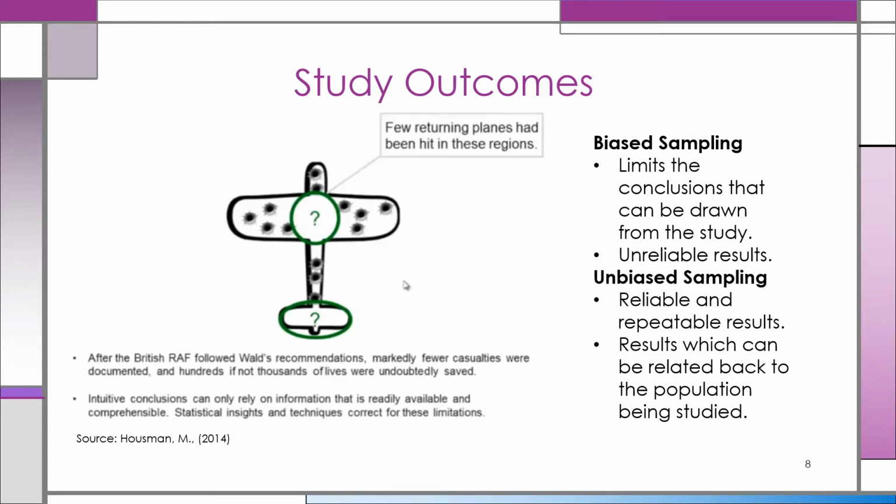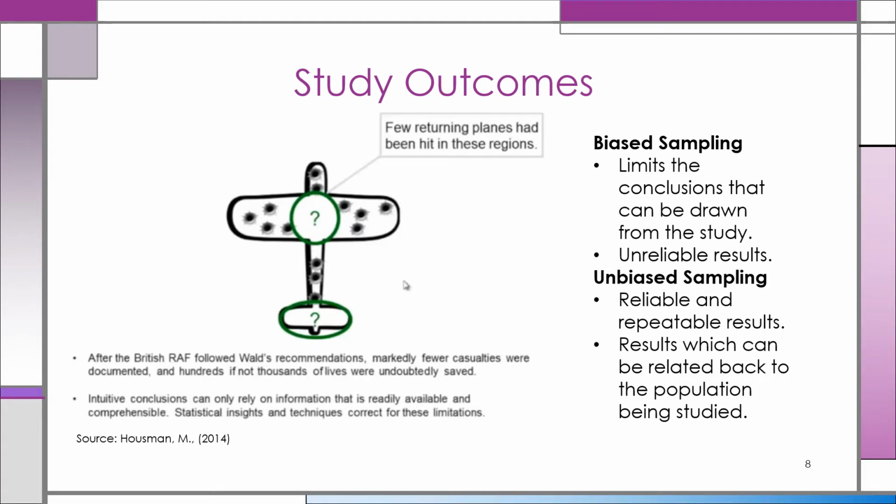Biased sampling causes study results to become unreliable and limits its use. A study with unbiased sampling supplies information which can be related back to the population that was being studied and is useful in some way. In a study by the British Royal Air Force during World War II, it was found that returned aircraft had received damage to the nose, wings and tail.